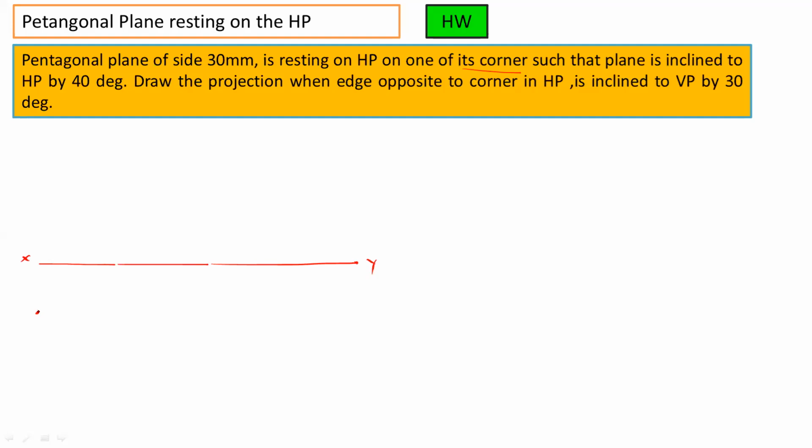So this is the corner point. So draw the pentagon like this. Okay. Suppose this is A. And if the pentagon is resting on the edge, then we should draw like this. Okay. So this is the first stage as it is resting on the corner.